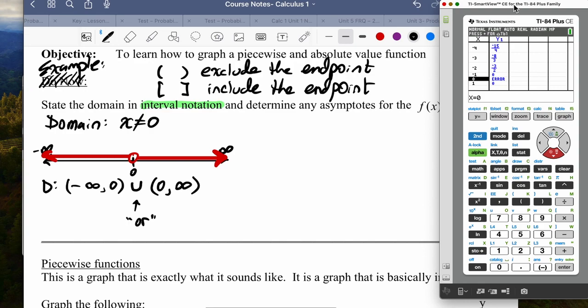D, R, domain, range. We also have to determine any asymptotes that might exist. So I'm looking at first the vertical asymptote. All right. A vertical asymptote, just to review, is kind of a lot going on there. The most common practice for finding a vertical asymptote is just set the denominator equal to 0 and then solve.